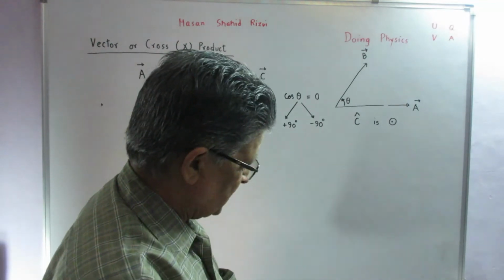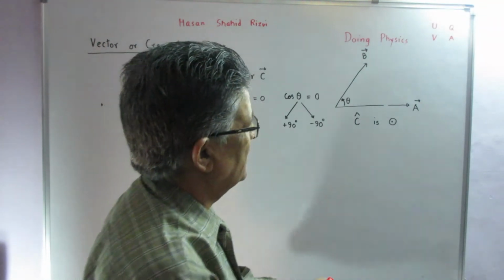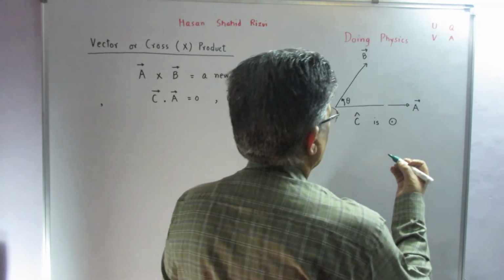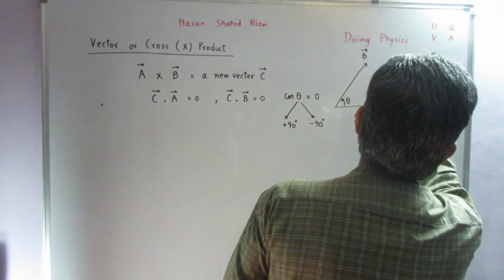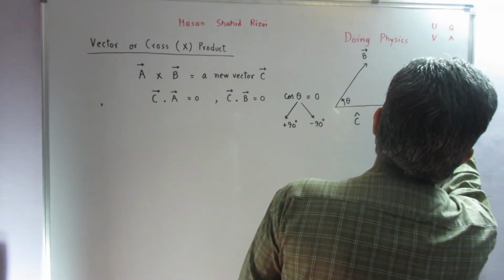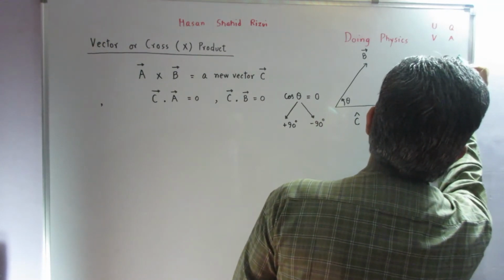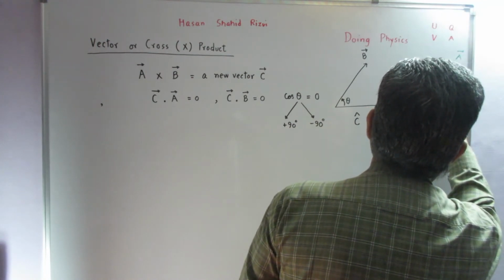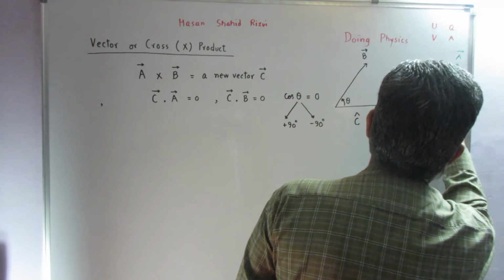Look here, friends. Suppose vector A was like this, and vector B was something like this.